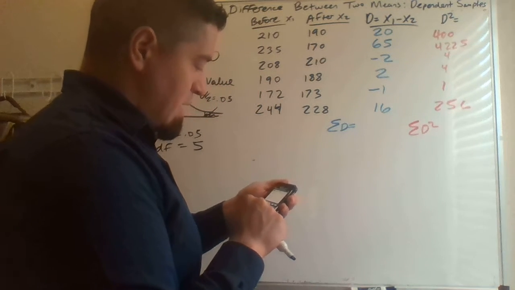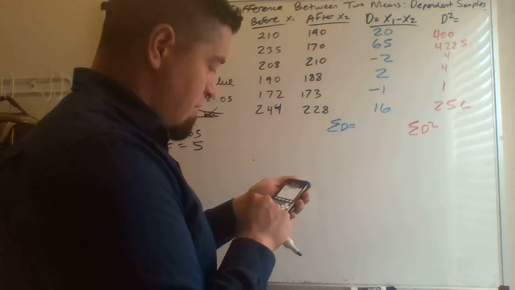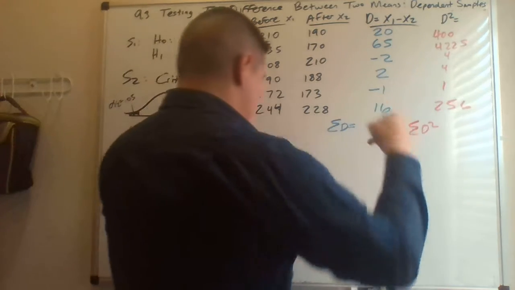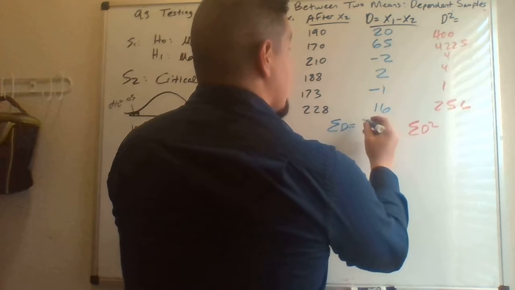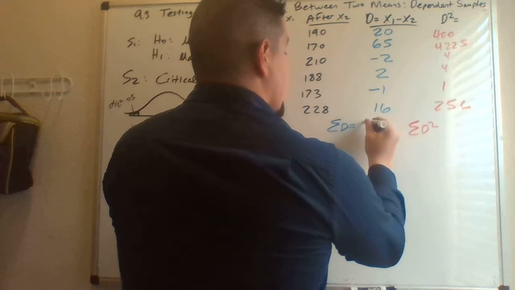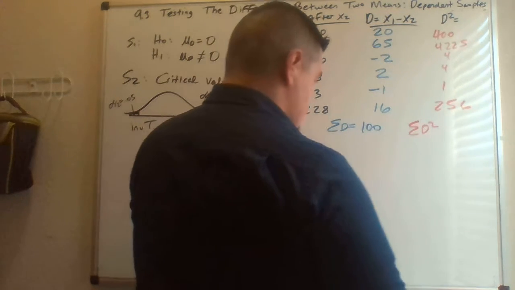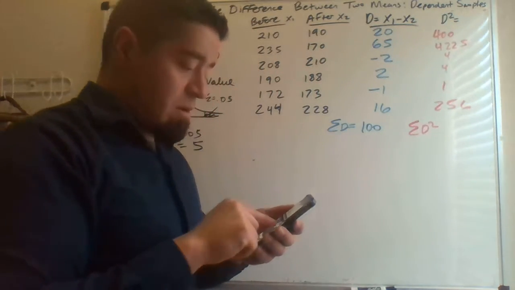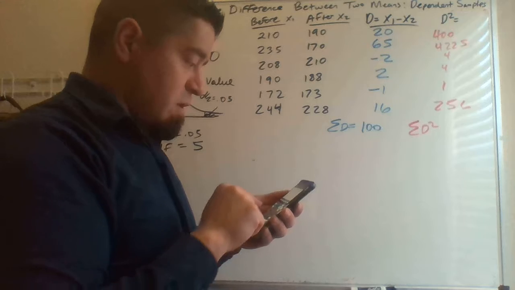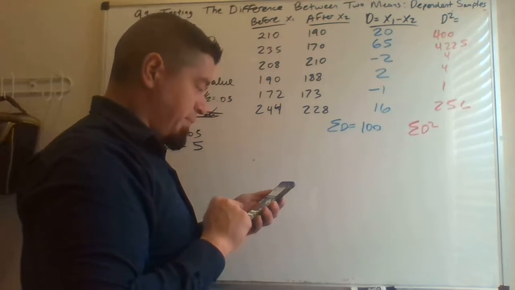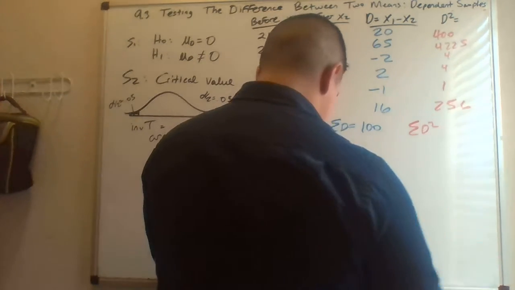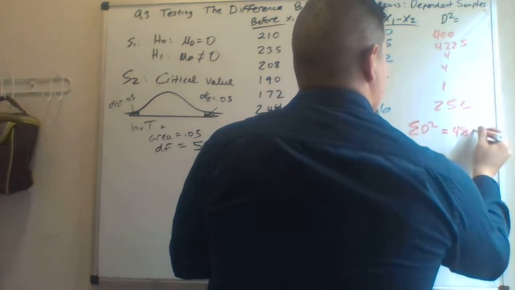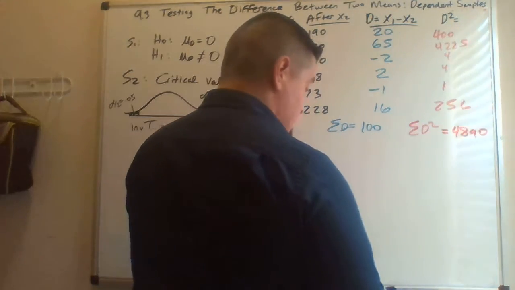Actually, it's stat, calc, 1-var stats for L3, not L1, because I'm trying to find the sum of this list, and the sum of that list I get to be 100. So this is 100, and we're going to do the same thing again, except to find the sum of the differences squared. So stat, calc, 1-var stats for list 4 this time. Calculate, and I see 4890. That's my sum of the differences squared.